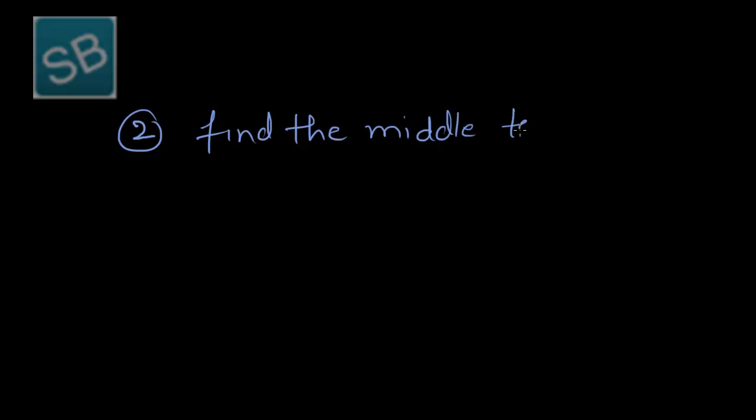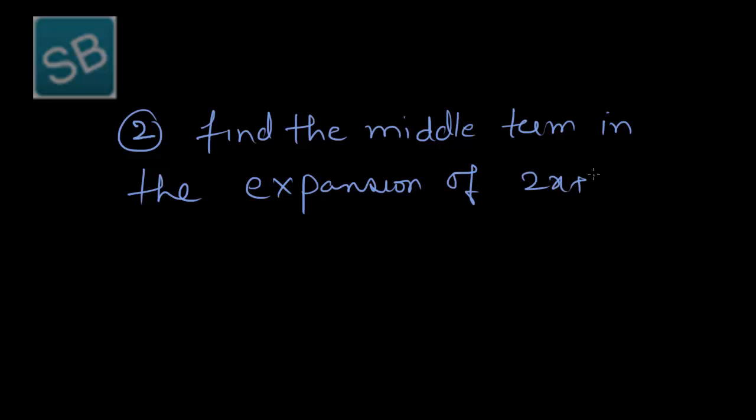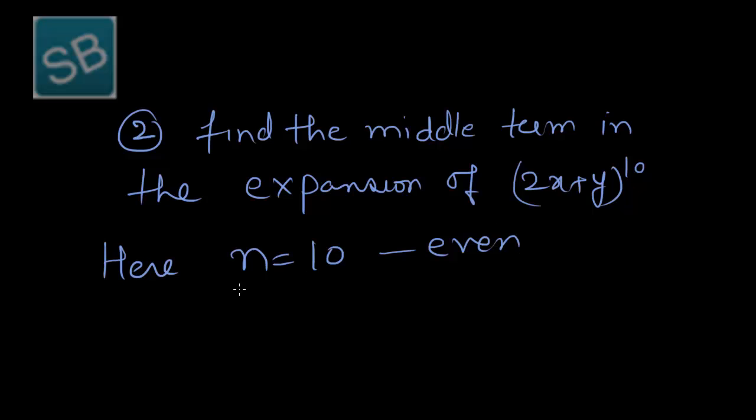The next thing: find the middle term in the expansion of (2x + y) raised to power 10. So here n is equal to 10, that is even.